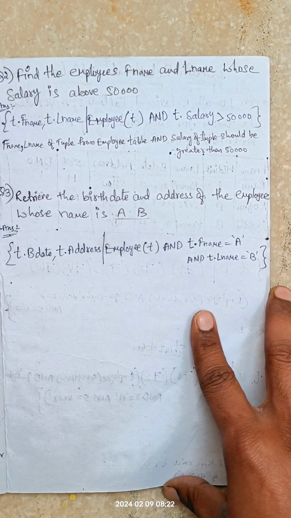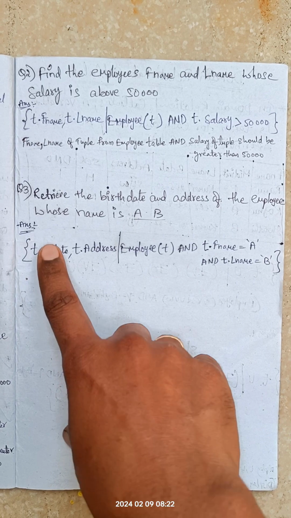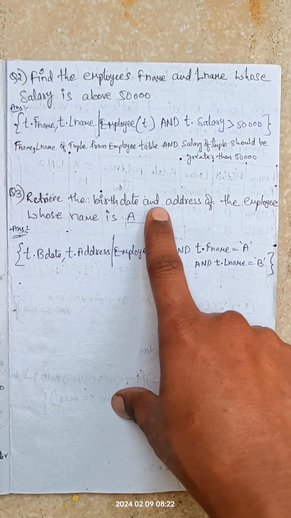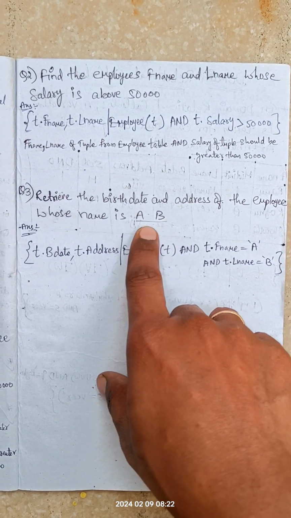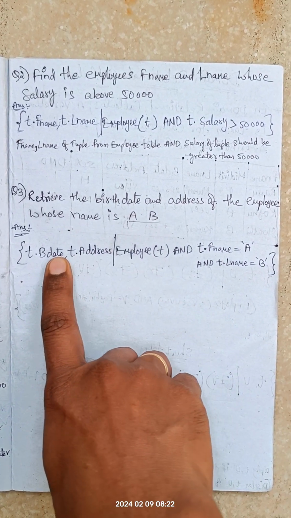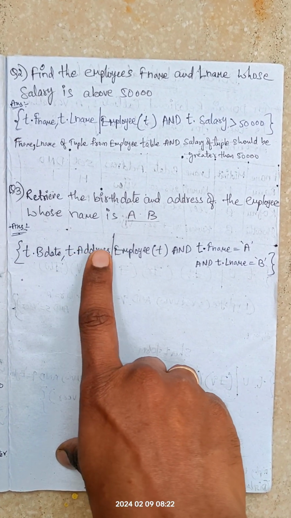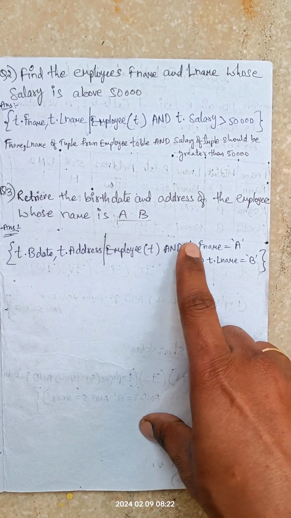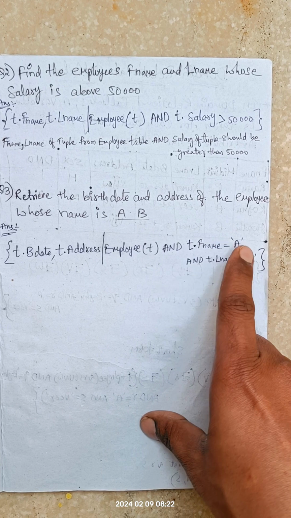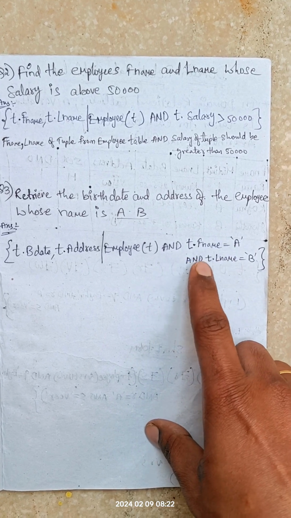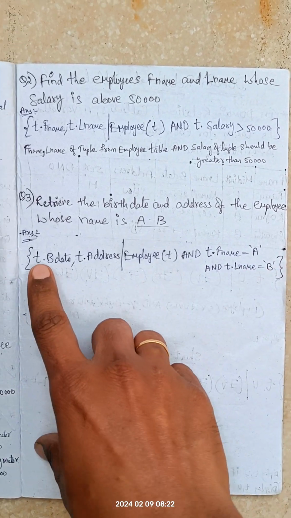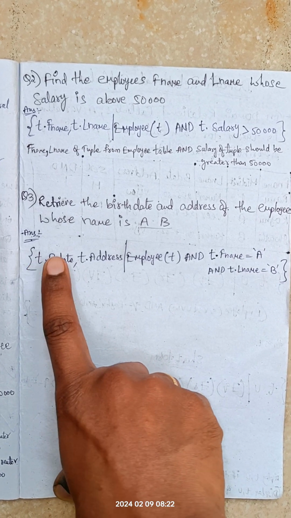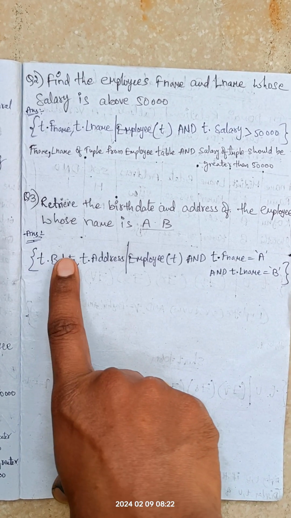So, retrieve the birth date and address of the employee whose name is AB. Means birth date of the tuple, comma, address of the tuple such that tuple of employee table and first name of the tuple is equal to A and last name of the tuple is equal to B. We have to write it.